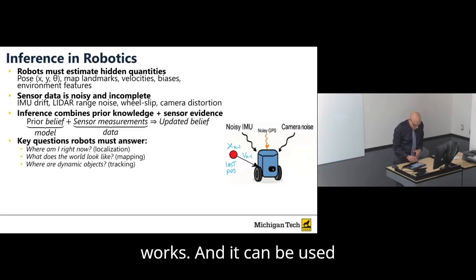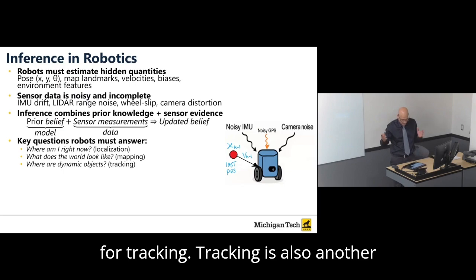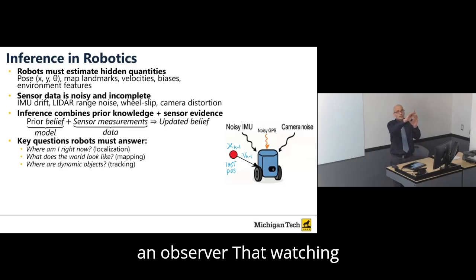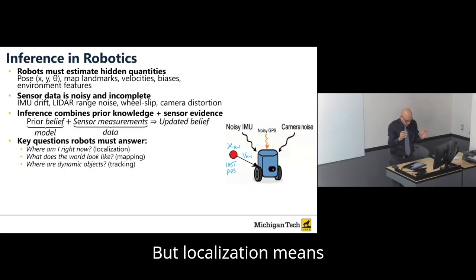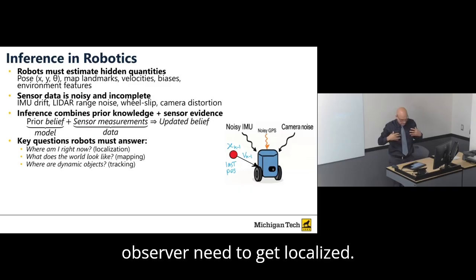And it can be used for localization, it can be used for mapping, it can be used for tracking. Tracking means you have an observer watching something. But localization means the observer needs to get localized.